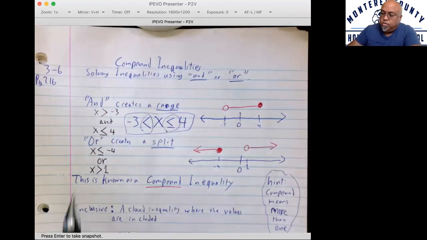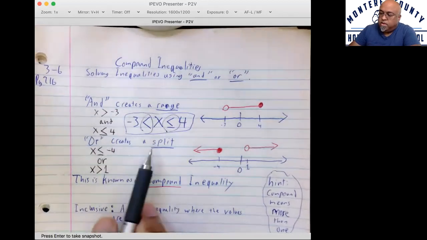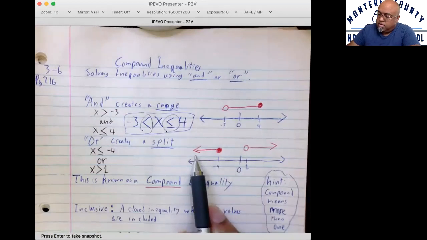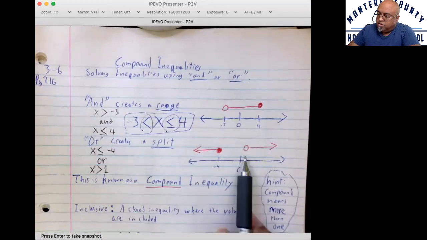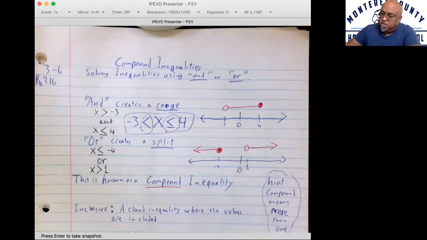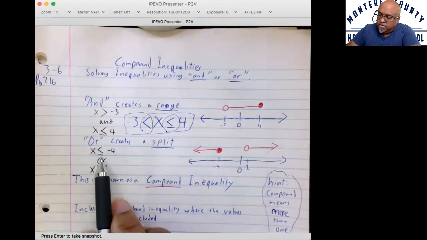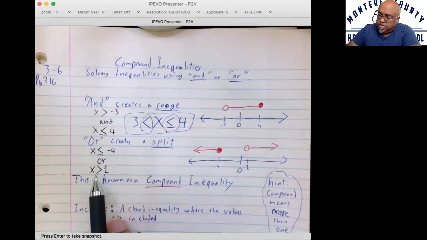Now when you have an or statement, it creates a split. Let's take a look at our number line here. I have a line going low and I have another line going high, and there's a difference in between them. Okay, so in the or statement, I have this inequality: X is less than or equal to -4, or X is greater than 1.